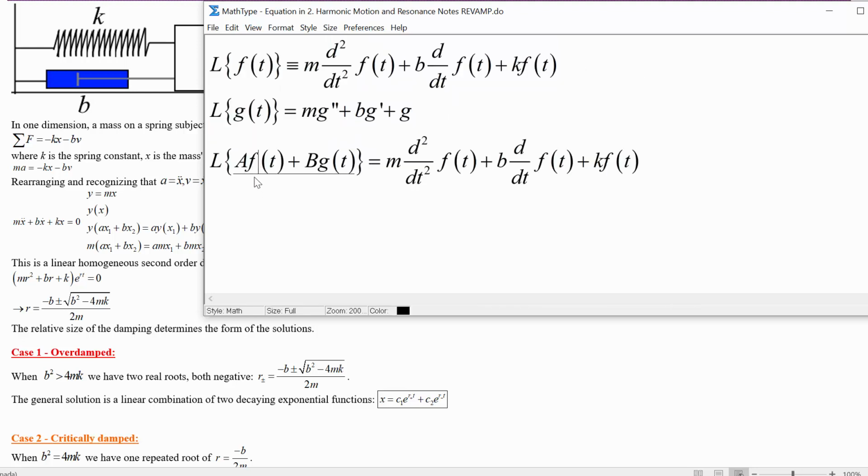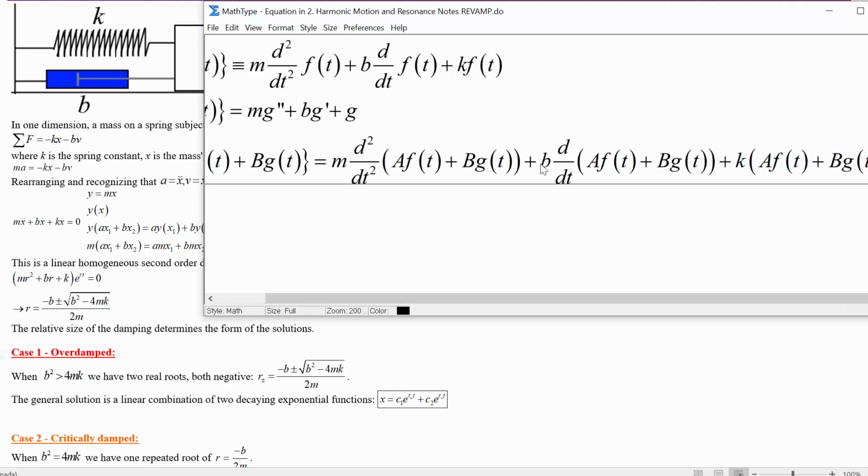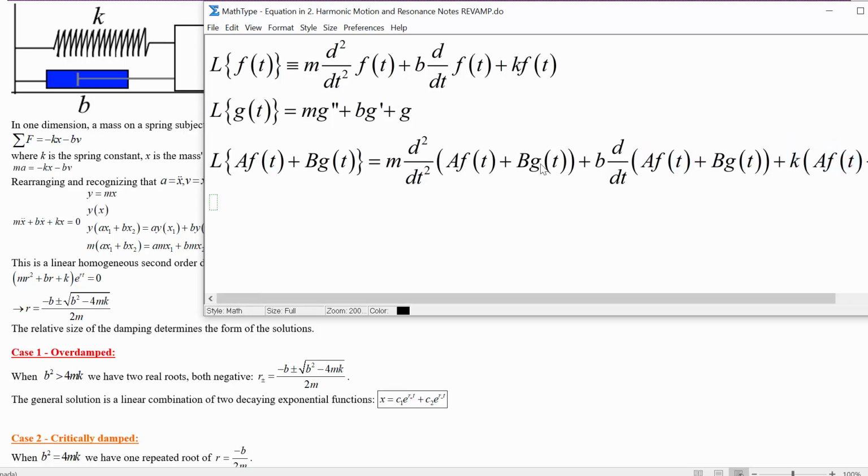So when we sub it in, we're going to have this term in place of all of the f at t's there. Then the derivatives and the mass multiplication can be distributed through this, and the a's and b's pulled out, because the derivative of a sum is the sum of the derivatives, and you can pull constants out of derivatives.